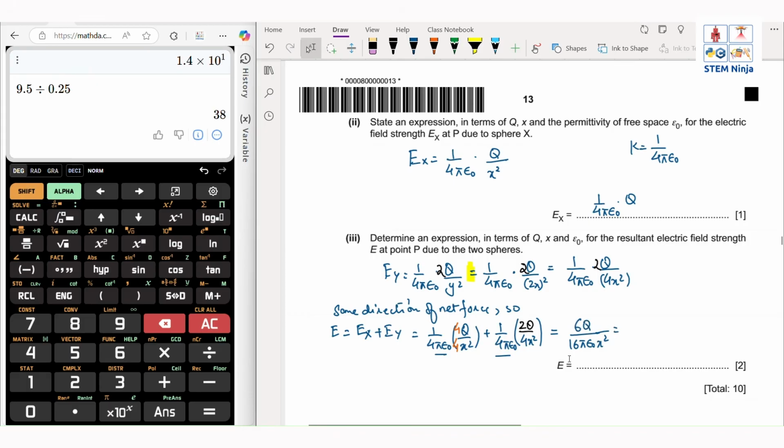Now we just simplify this a little bit. 2 times 3, 2 times 8. So this becomes 3 over 8, 3q over 8 pi epsilon naught x squared.